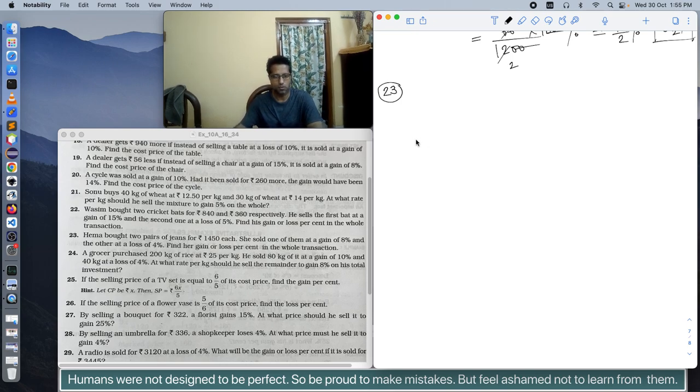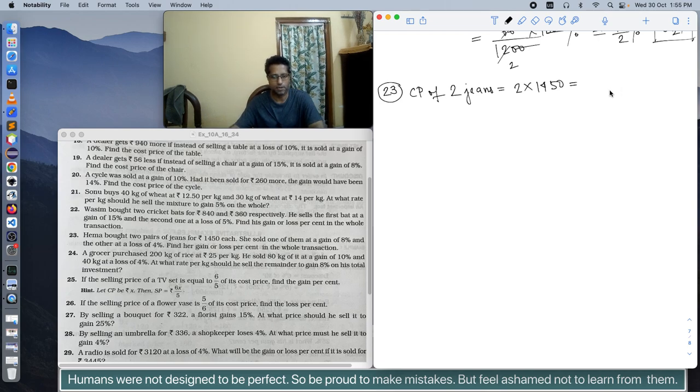So Hema bought two pairs of jeans for rupees 1450 each. So we can say that the cost price of two jeans is equal to 2 multiplied by 1450. I am ignoring the rupees symbol unit.